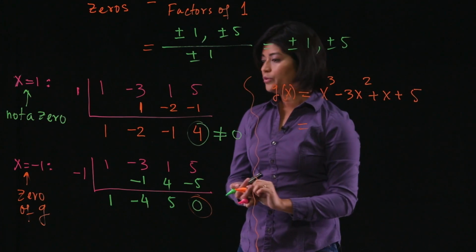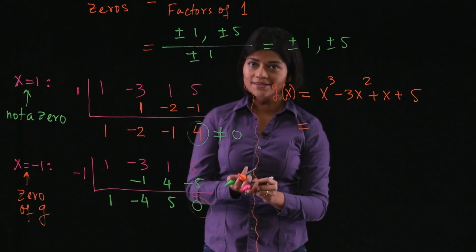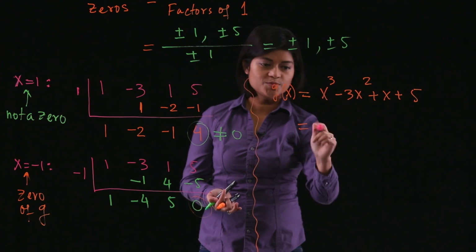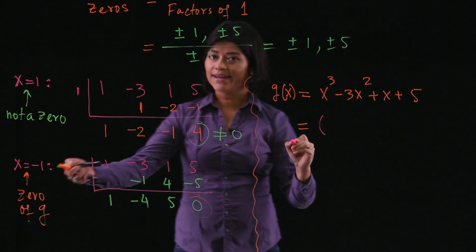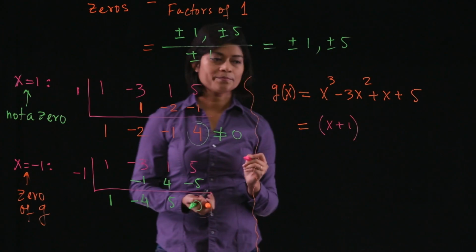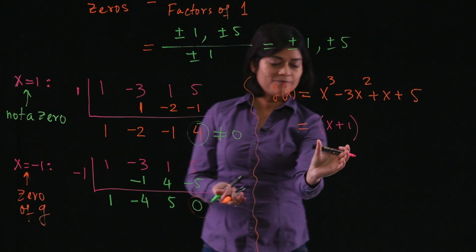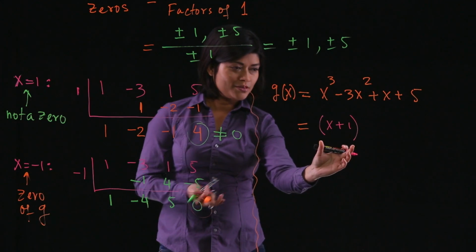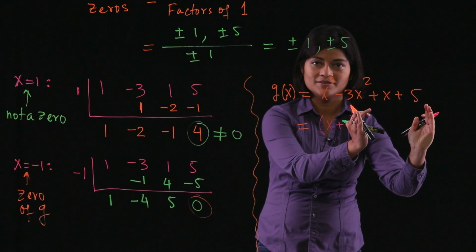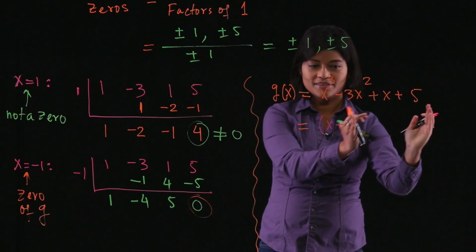And we found out that x equals negative 1 is a 0. Which means one of the factors of this polynomial will be x plus 1. Okay, so think about it. This is a degree 3 polynomial. We found a linear factor. So what will remain here? A degree 2, right? And that's a quadratic expression.